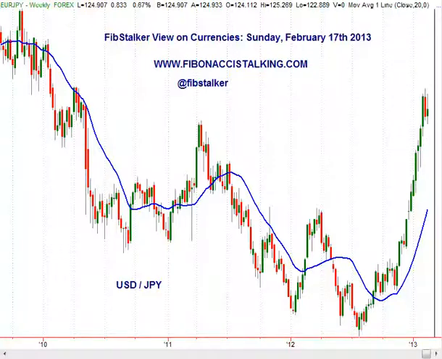Sorry, what you see on the screen is the euro yen. I'm going to the US dollar Japanese yen. But as you can see, the chart is the same.